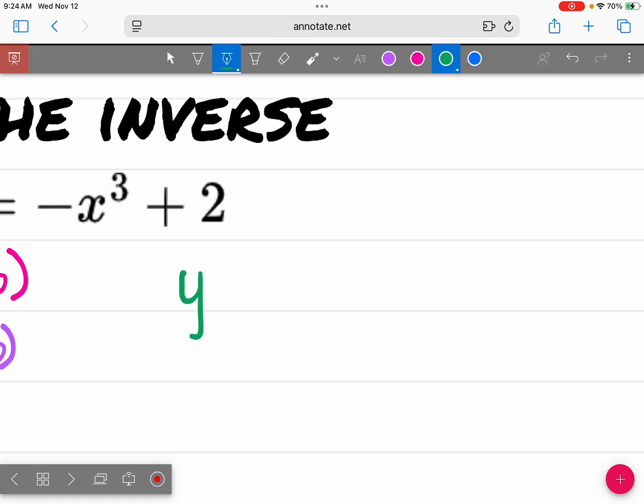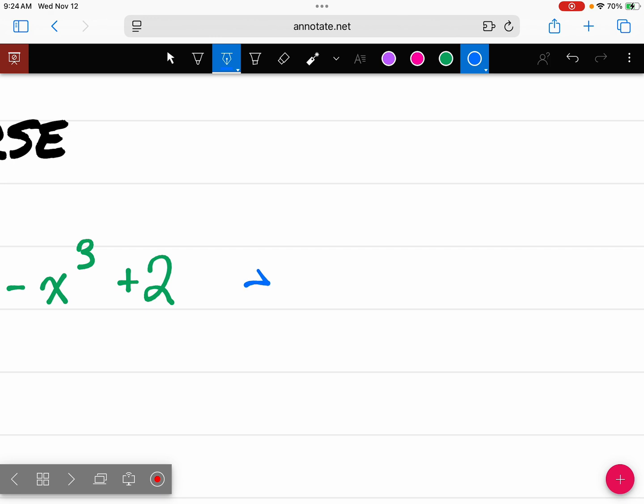So then finding our inverse, I'm going to start by switching it out for a y. Y equals minus x cubed plus 2. Then switching to get our inverse, we get x equals minus y cubed plus 2.